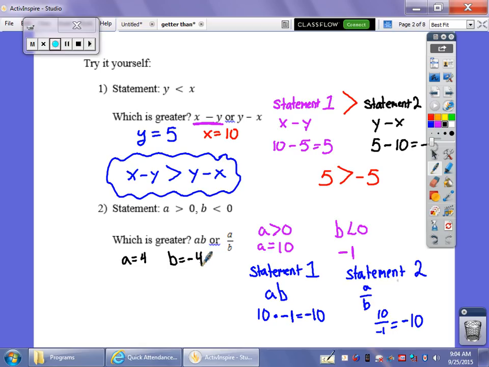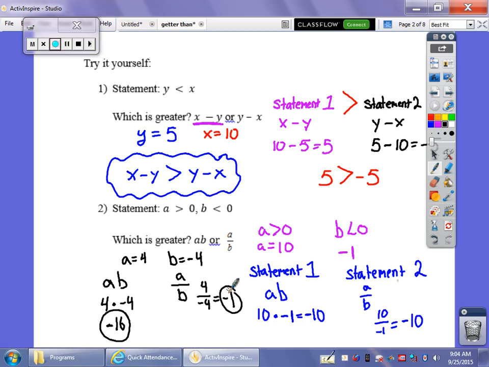So if we look at statement 1 again, AB, well, this is going to be 4 times -4, and we know that 4 times -4 will give us -16. And now this is A divided by B, well, this is going to be 4 divided by -4, and we know that's going to give us -1.